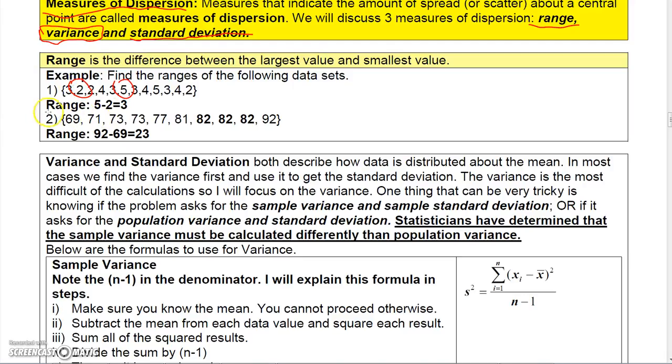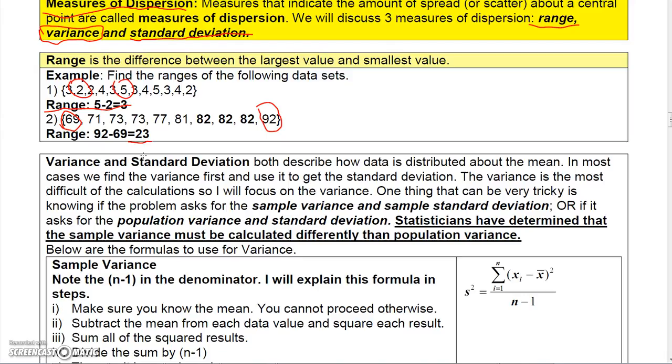So the range is simply 5 minus 2, which is 3. And then here, the largest value, ignore those that are bold, that's not supposed to be bold, but the largest value here is 92, and the smallest value is 63. So the range of this data set would be 92 minus 63, which is 23. So that's how simple the range is to find.